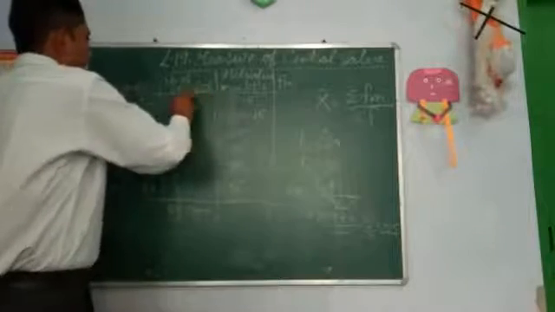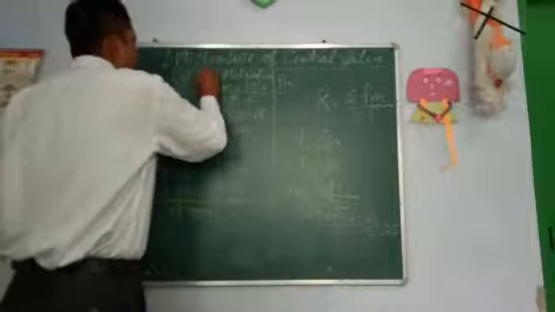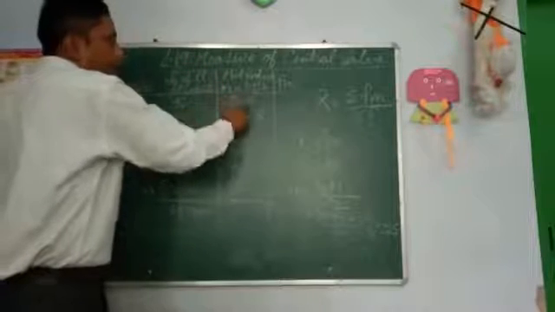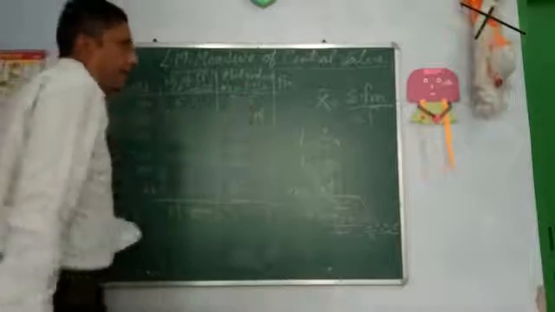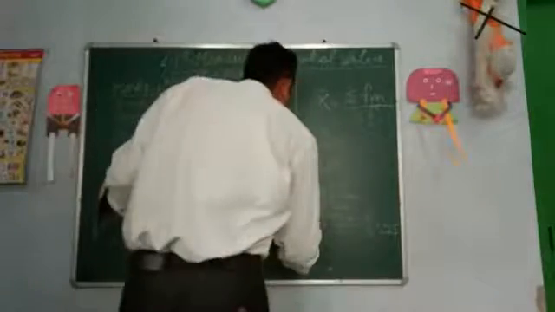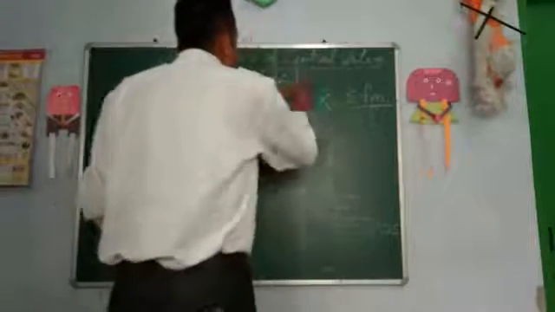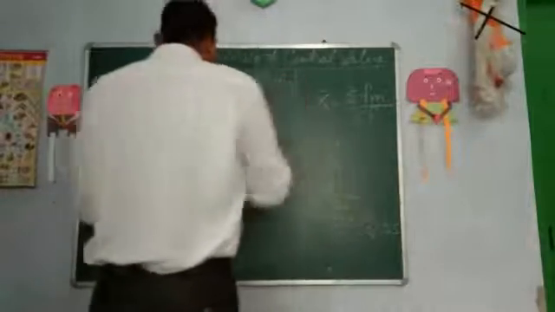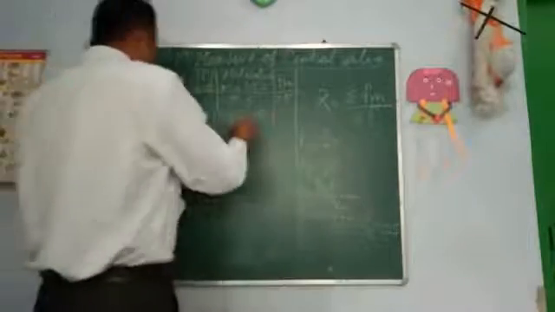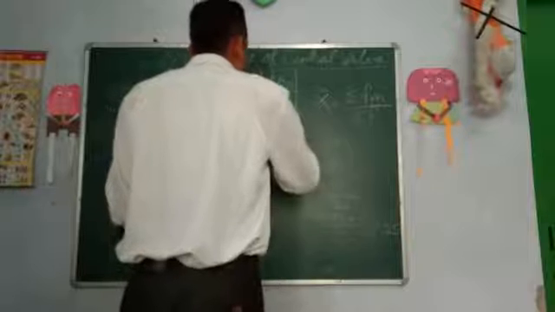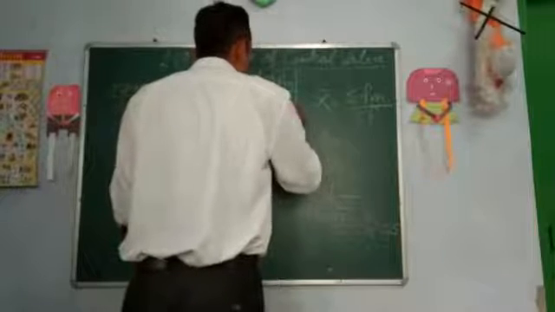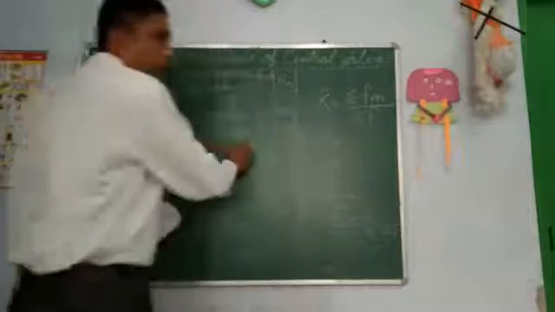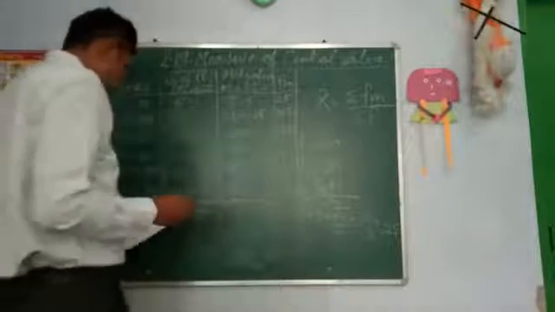Now the multiple of mid value and frequency, that is fm. The number of students will be f. So we multiply this with this to get fm. We will get 5 into 5, 25. Then 10 into 15, 150. 25 into 25, 625.